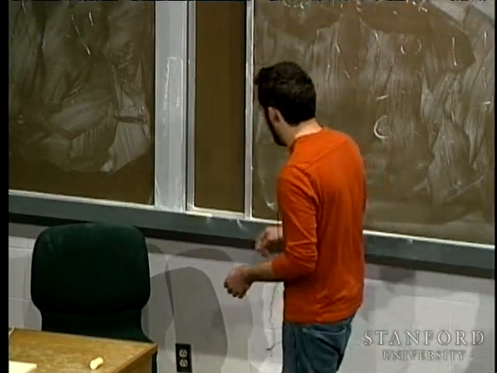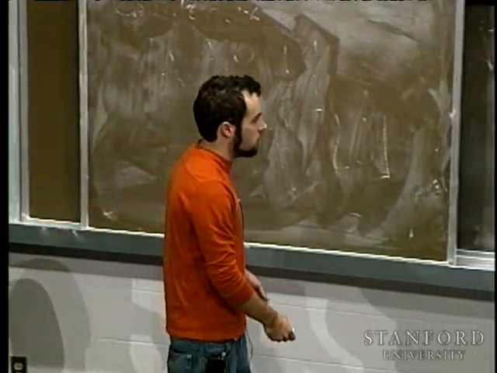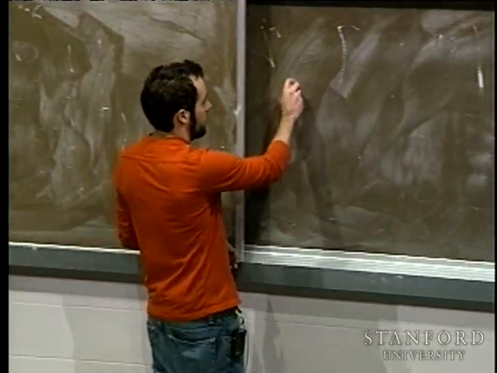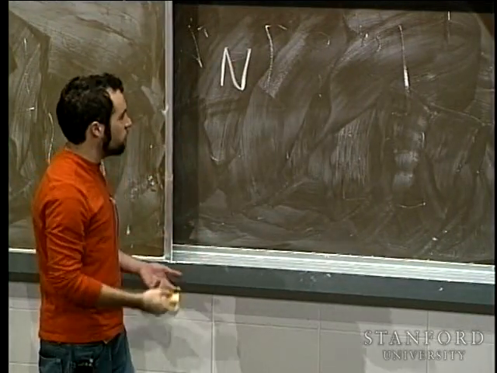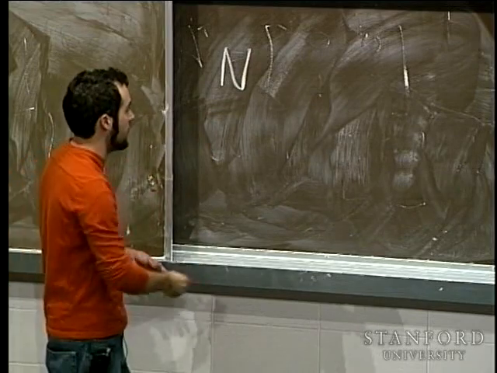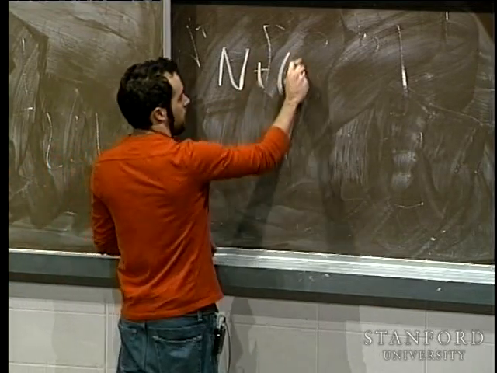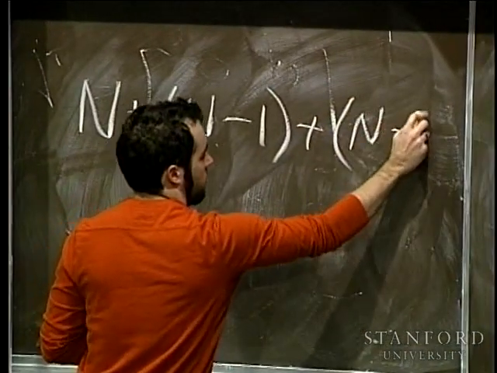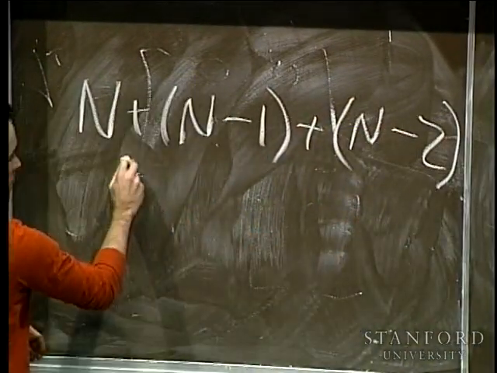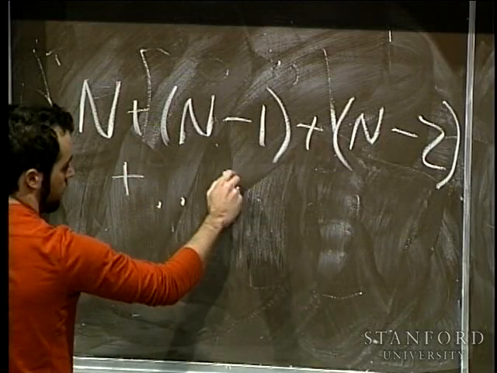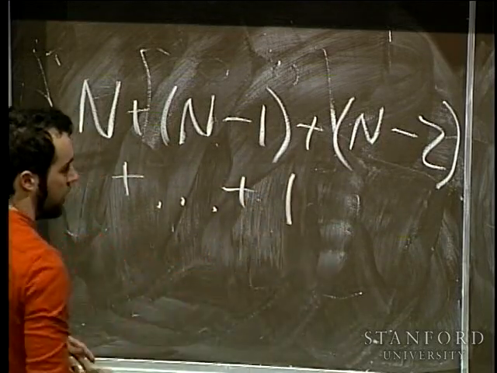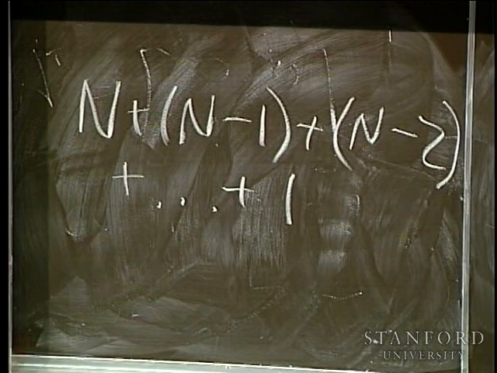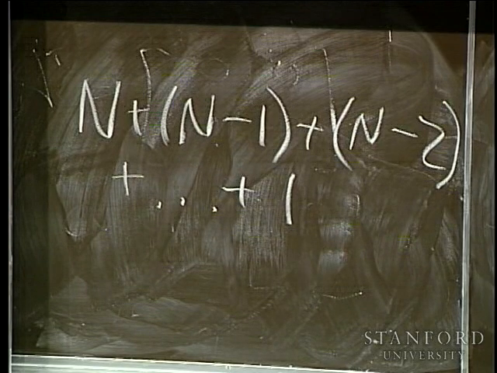So the total number of times we have to examine some element of the array is n plus n minus 1 plus n minus 2 all the way down to 1, right? Does anyone know what this sums up to? There's actually a closed form for it. Yep?